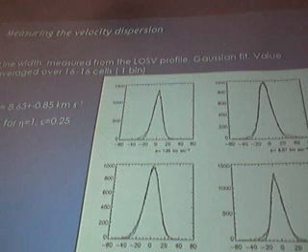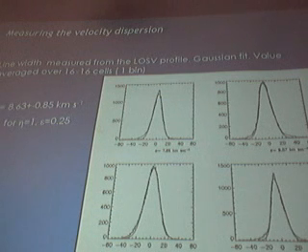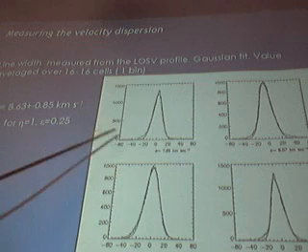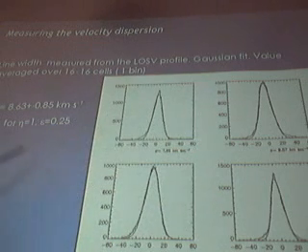So first I tried to do it like how observers would do it, which is to define a beam size. I use 16 squared beams and plot the distribution of the velocities along the line of sight. For example, these are 4 examples in this case where the rate is 1.